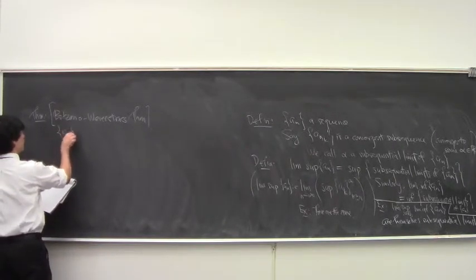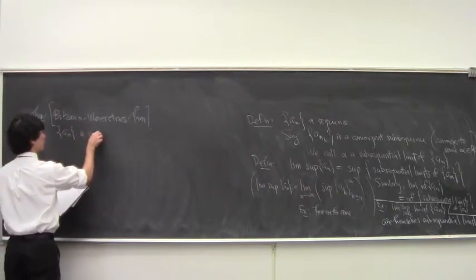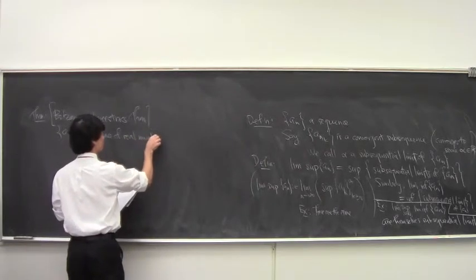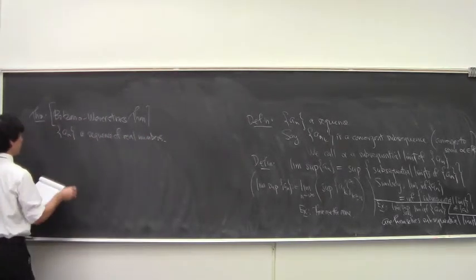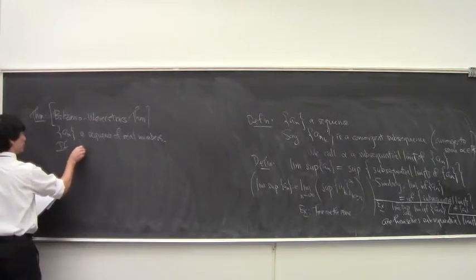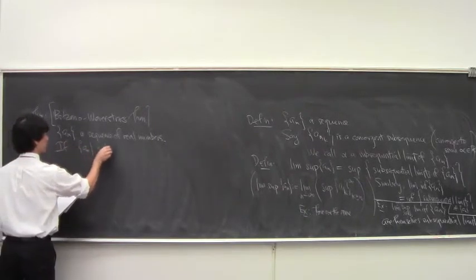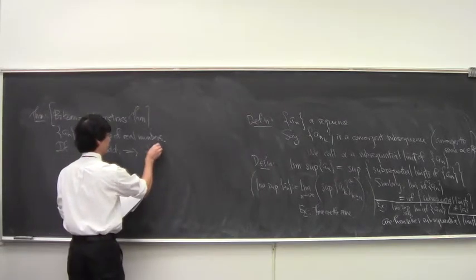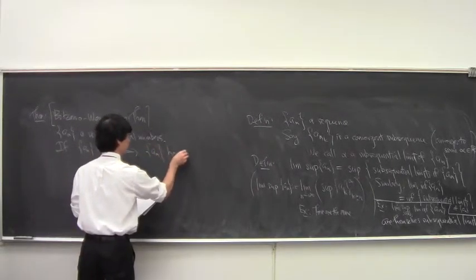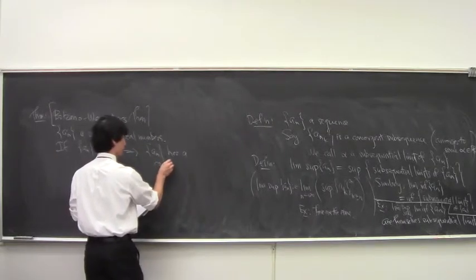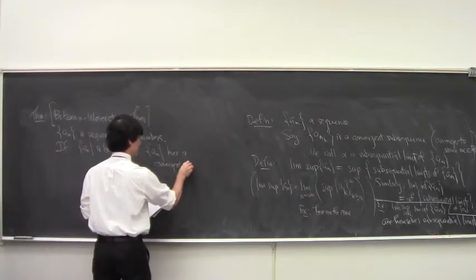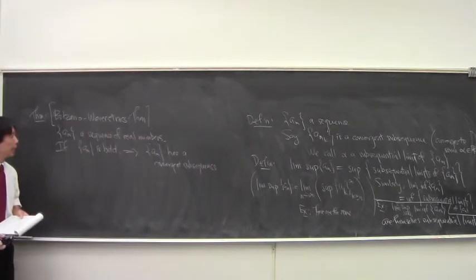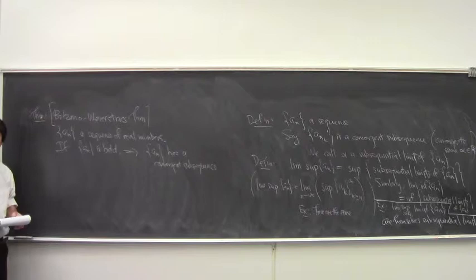If you have a sub n, a sequence of real numbers, if that sequence is bounded, then you're guaranteed that it has a convergent subsequence. Okay, so any bounded sequence has a convergent subsequence.